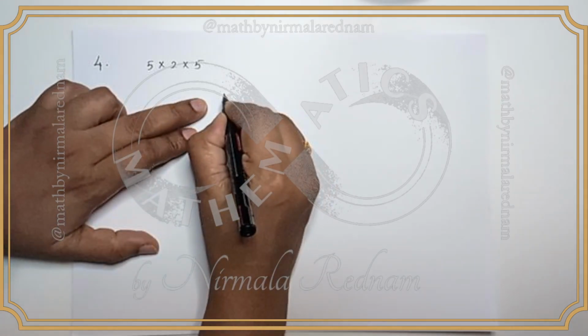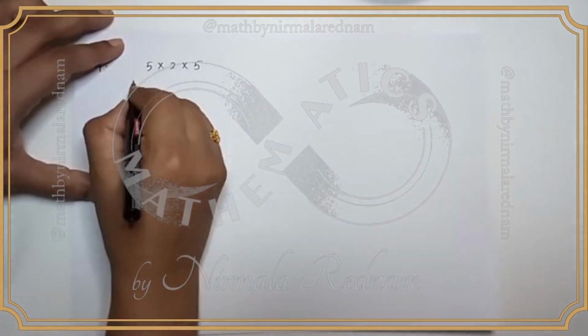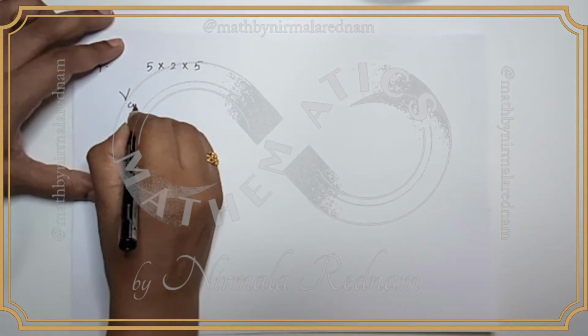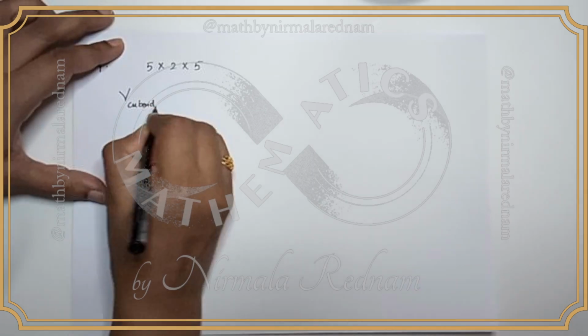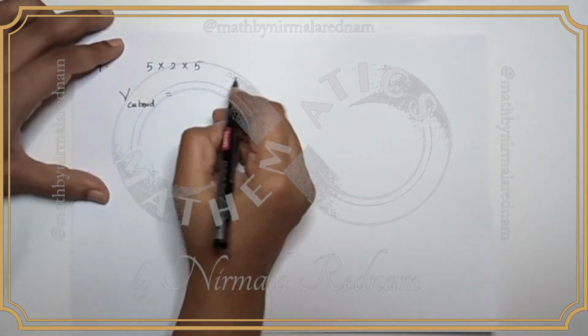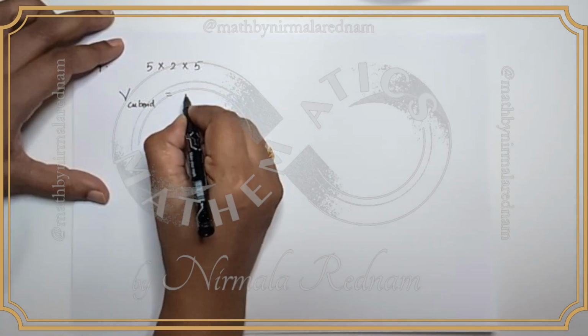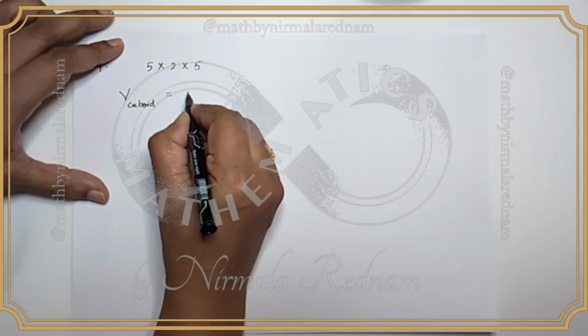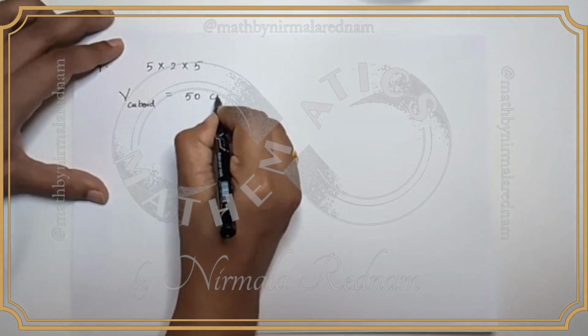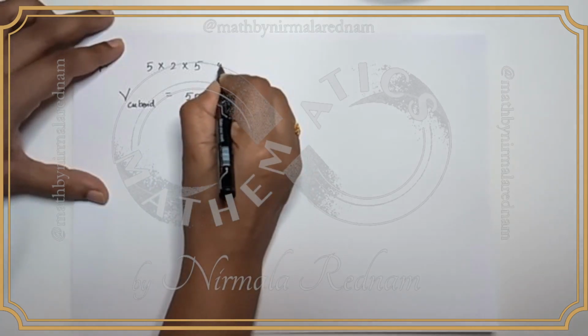So, what we are going to do here is, first of all, find out the volume of this cuboid, right? What is the volume? LBH, right? I have to multiply these three and I'm going to get 50, right? So the volume of this cuboid is 50 centimeter cube, right?